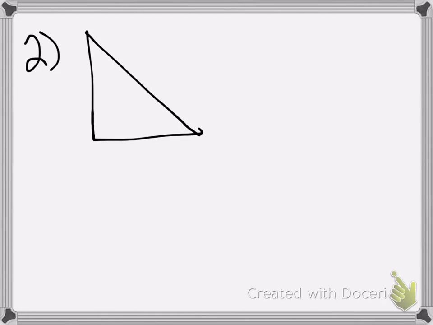If you look at number 2, the temptation is to say, well, miss, you only gave me 2 angles, because it has that little square in the corner. That square, as we learned in the lesson before, indicates that that's 90 degrees. So we would have the same problem.